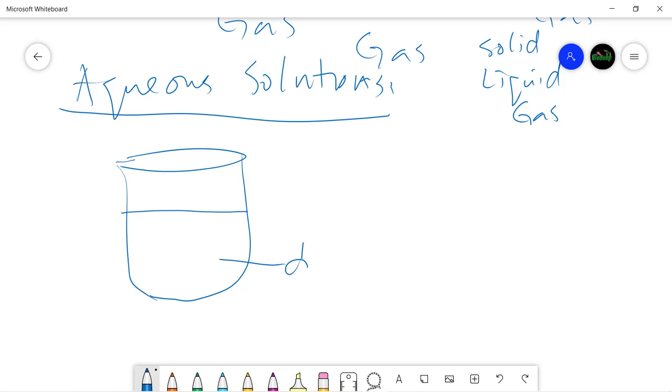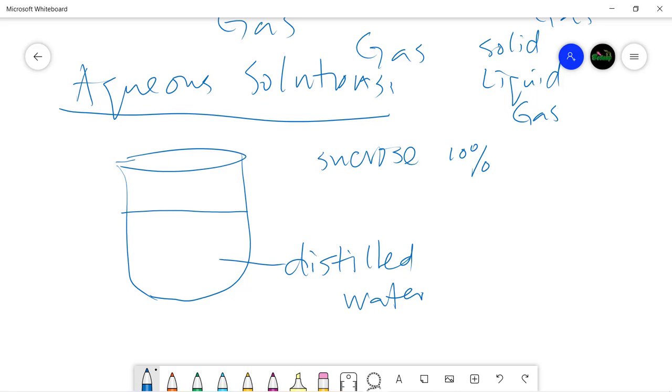It contains distilled water, and we are dissolving, say, sucrose, and we are making, say, a 10% solution of weight by volume. So 10 grams of sucrose in enough water to make 100 ml of solution. So it's sucrose dissolved in it, and so these are the sucrose molecules.